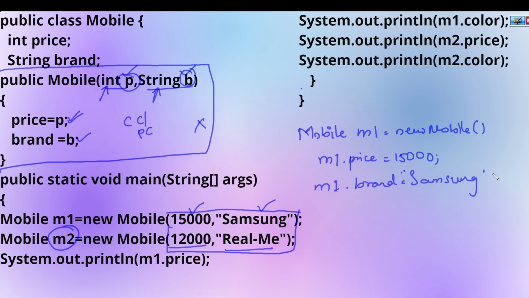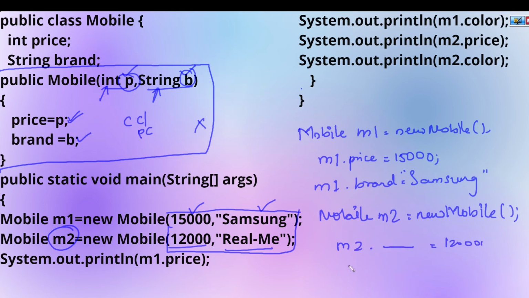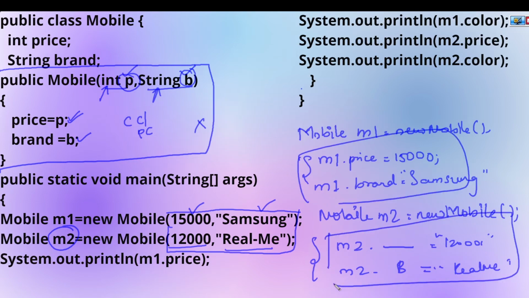In the same way again, mobile yum2 is equal to new mobile. Again, same thing. Yum2 dot price is equal to 12,000, yum2 dot brand is equal to Realme. By creating a constructor, we have omitted 4 extra lines of code in our main function, which is going to increase the efficiency of your program.